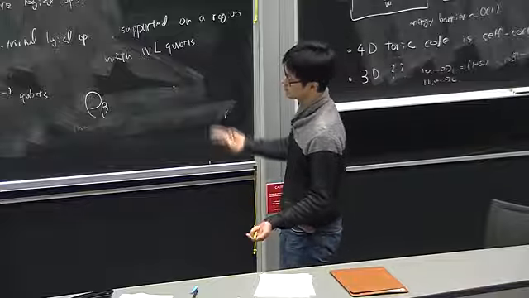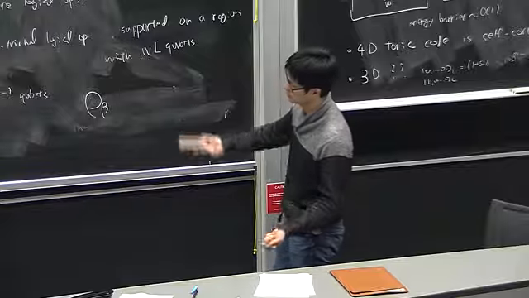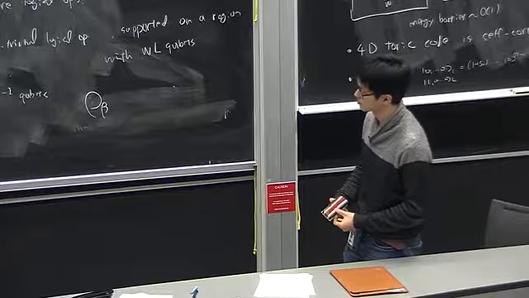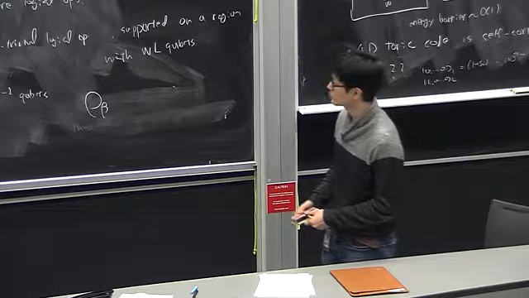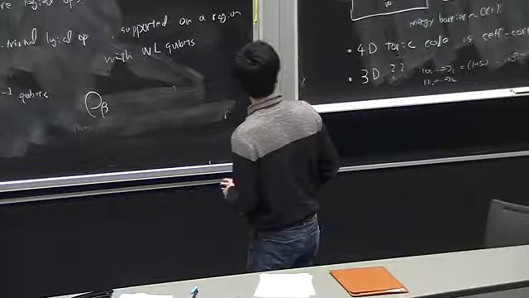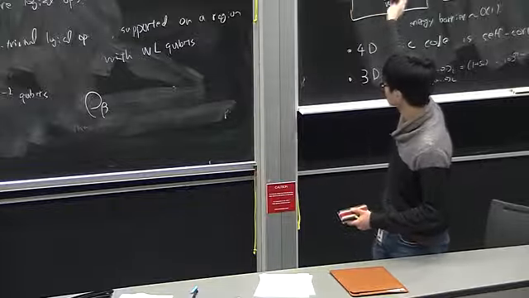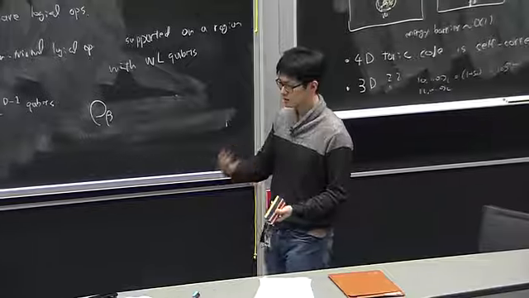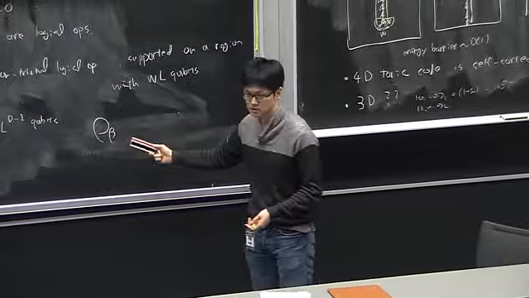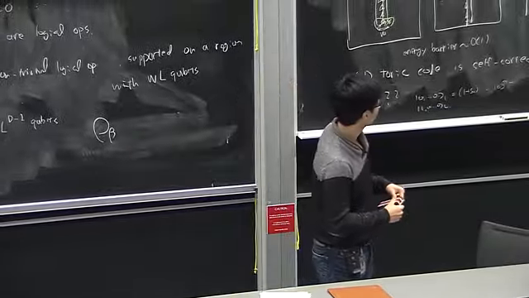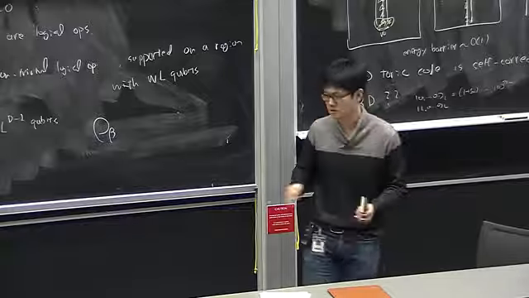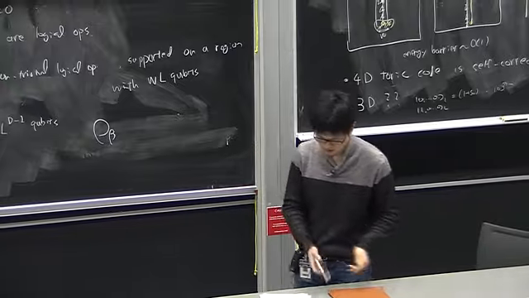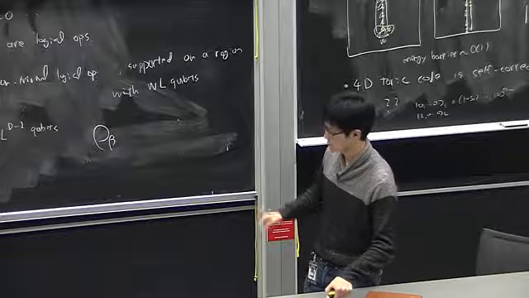But if it's very difficult, then it will be like topological order at finite temperature. That was the criterion he proposed. He showed that the 2D toric code we mentioned is actually not thermally ordered in this sense. That is, there is a very efficient way to prepare the Gibbs ensemble for the 2D toric code. But for the 4D toric code, there is no such easy way to prepare the Gibbs ensemble. Okay, so that was the idea.